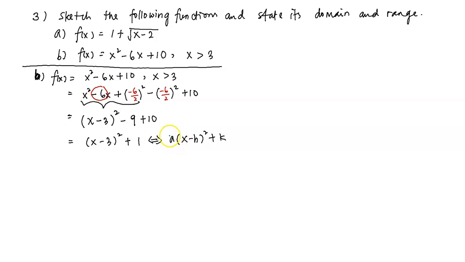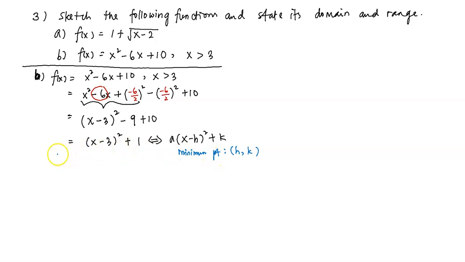If the a is greater than 0, which the a now here is 1, meaning that this quadratic function has the minimum point, and the minimum point is given as h, k. Taking the value over here and converting the sign, you get the h, and then the y value over here is the k. This is a minimum point.